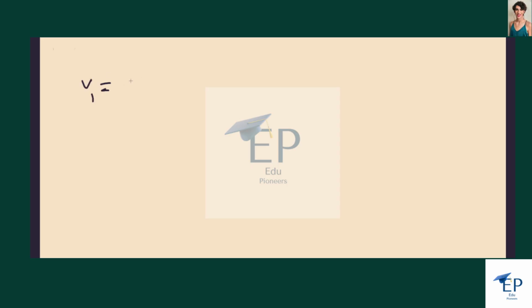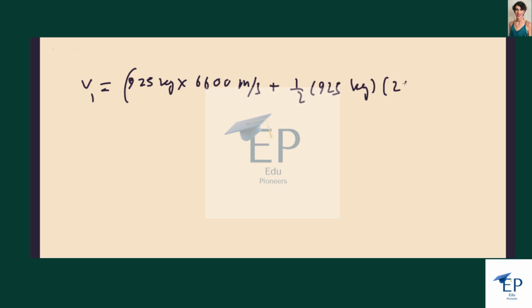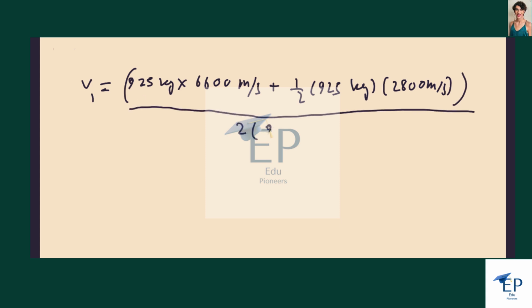V1 is equal to 925 kilograms times 6,600 meters per second, plus 1/2 of 925 kilograms times 2,800 meters per second, over 2 times 925 over 2.